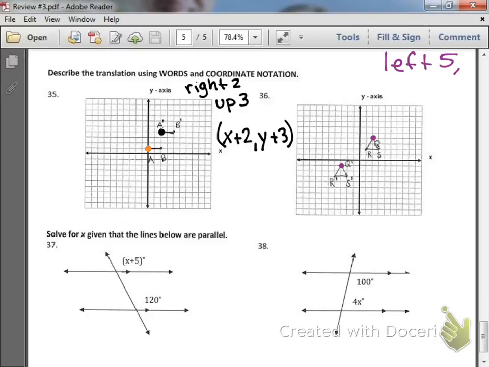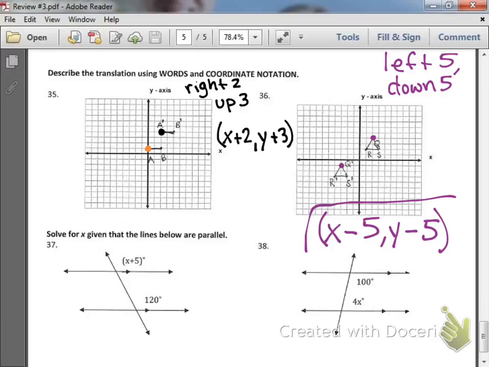So left 5, down 5. So in coordinate notation, left is from your x, and you would have to subtract 5, right? And down is from your y, and you also have to subtract. So x minus 5 and also y minus 5. Questions on those?